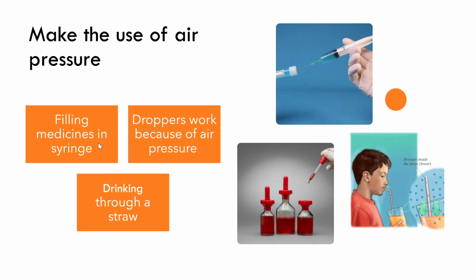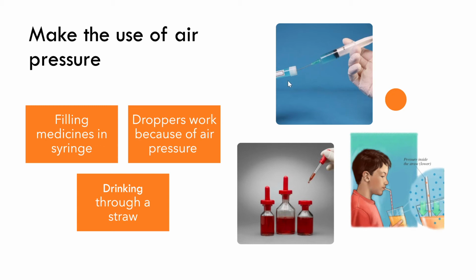The medicine is filled in the syringe. This medicine will go in the syringe because of the air pressure. When we push the piston of the syringe inside, air is pushed out through the narrow hole of the needle.